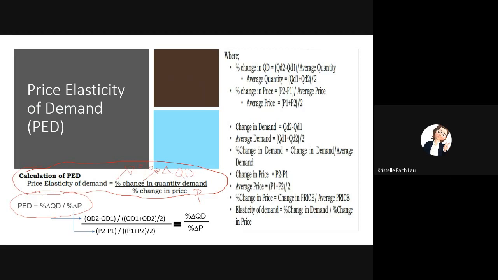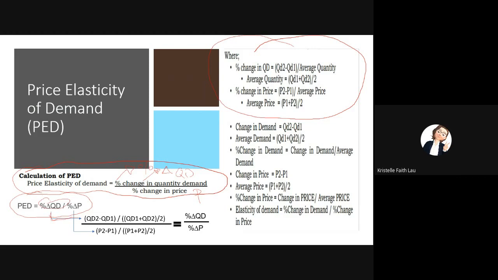How do we get the percentage change in our quantity demanded? I have placed here how to get it. Actually, it is already in your modules how to get the percentage change in our quantity demanded. To get it, we have to look for the QD2.